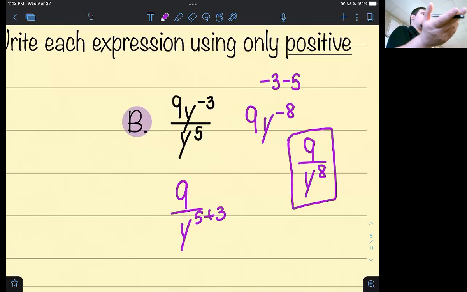And of course, that's the same as y to the 8. So that's how I actually do these. I'm more of a visual. If I see the negative exponent, I know those are dropping, and I just combine them with the ones that are already there. The 9 stays put. There is no exponent with the 9, so we can assume this is just a 1. It's only the y's that are moving.